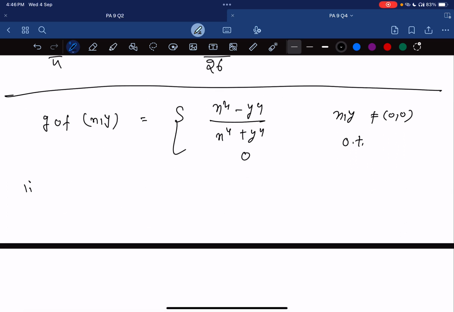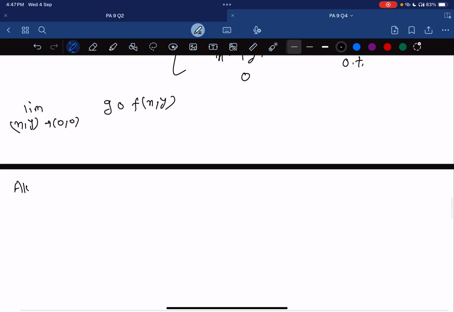So same, we have to find the limit when x comma y tends to origin for the function g of f x comma y. We will find the limit along the line y equal to mx.